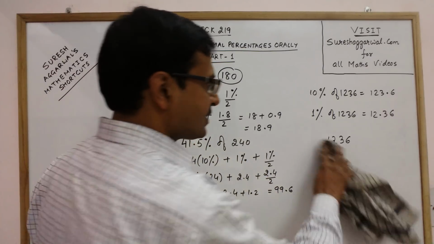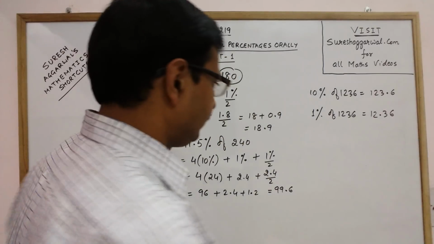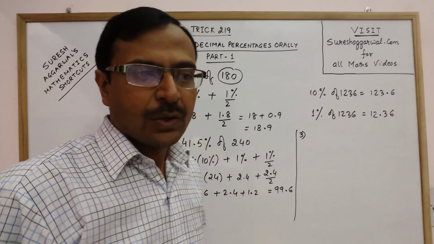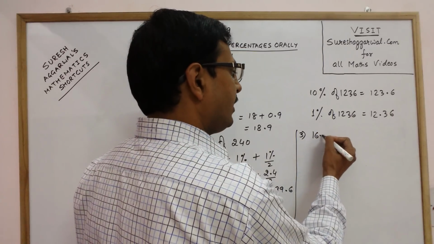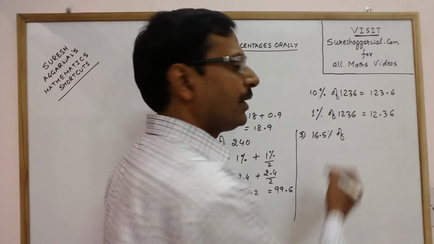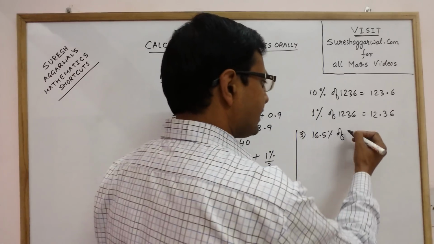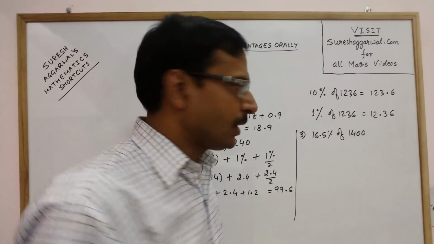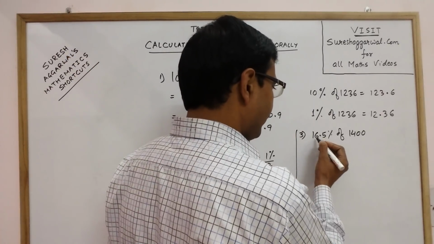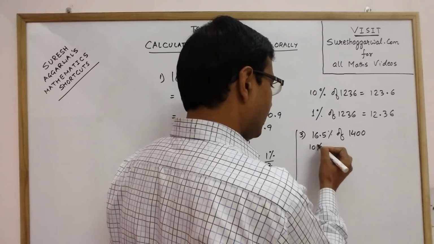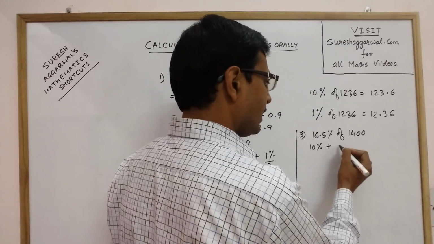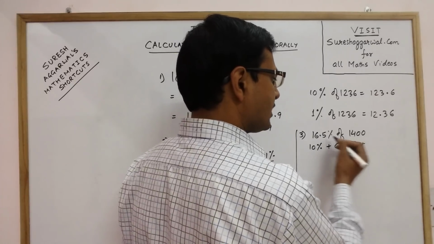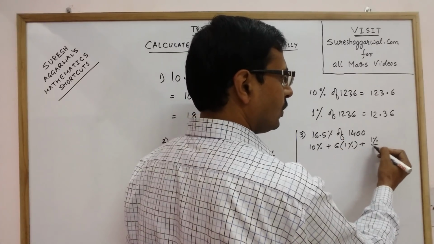Now likewise you can practice some more questions and get to know the concept in a deeper manner. Now see, we have suppose 16.5% of any number. Say I'll take a simple number for understanding purpose, 1400. Now see, 16.5 is 10 plus 6 into 1, this is 16, plus 0.5, which is 1% by 2.